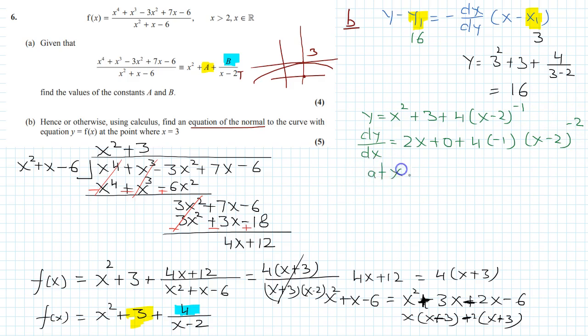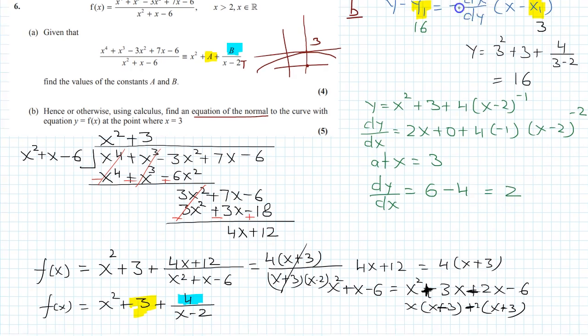Now at x equal to 3, dy over dx will be 2 times 3 is 6, minus 4 over (3 minus 2) to the power 2, which is 1. So dy over dx will be just 2.